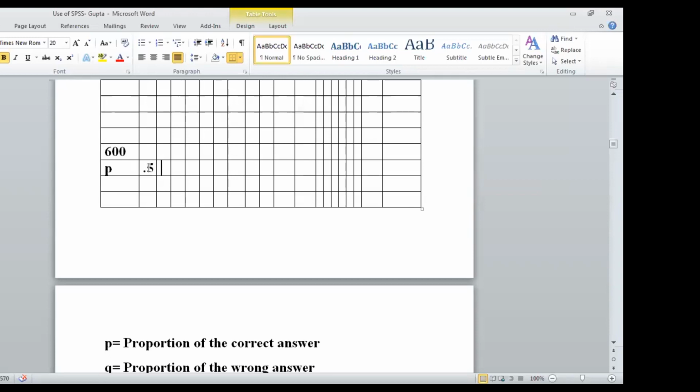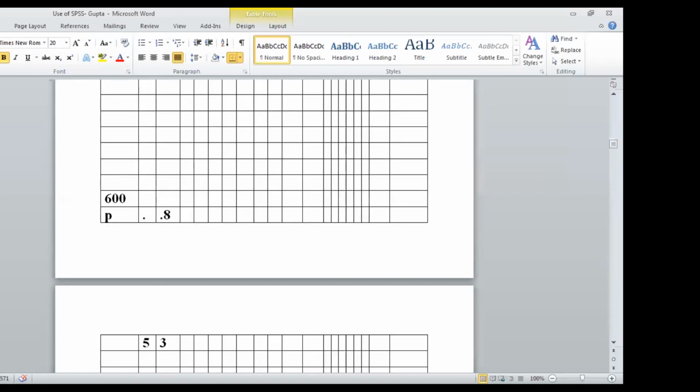Say another question is attempted by 500 people correctly. So 500 divided by 600, and this will be 0.83.